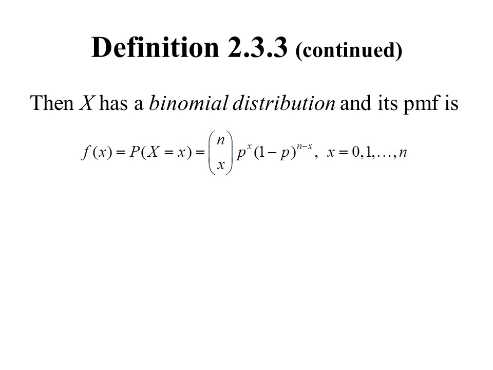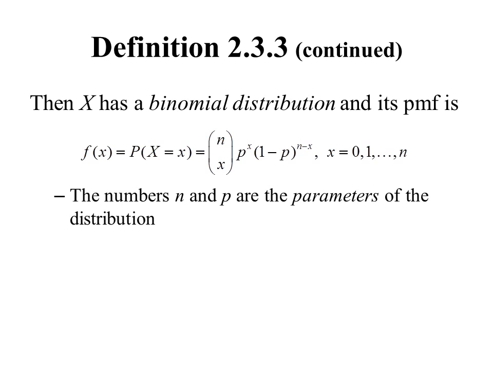Little f of x, by definition, is the probability capital X equals little x. It's equal to n choose x times p raised to the x power times 1 minus p raised to the n minus x. And here our random variable can take on values from 0 up to n. We can't have a negative number of successes, nor can we have more than n successes in n trials.